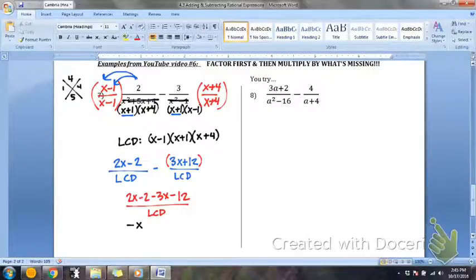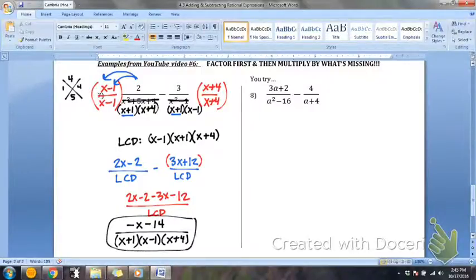And then a negative 2 and a negative 12 give me negative 14. Good. I can't simplify that any. I can't reduce that. I can't factor that. So now x plus 1, x minus 1, x plus 4. Questions on that one?